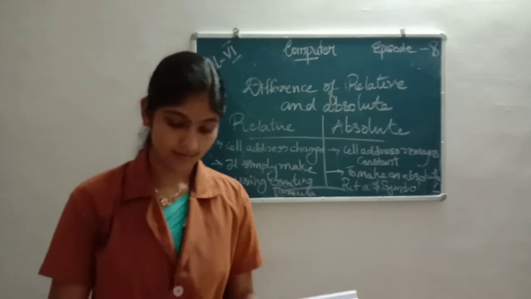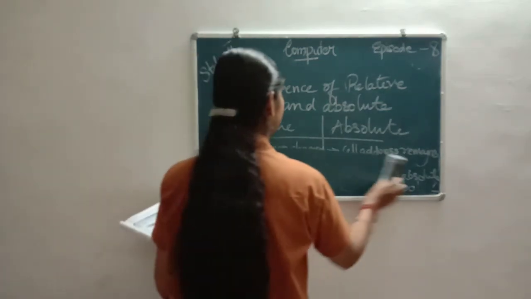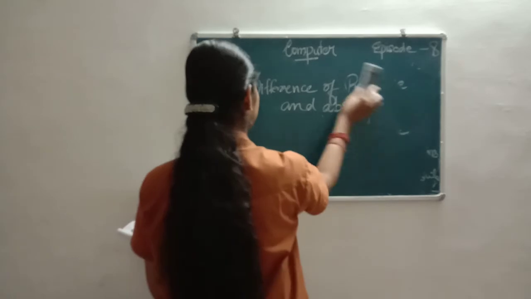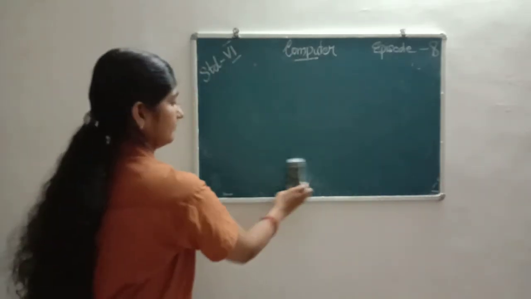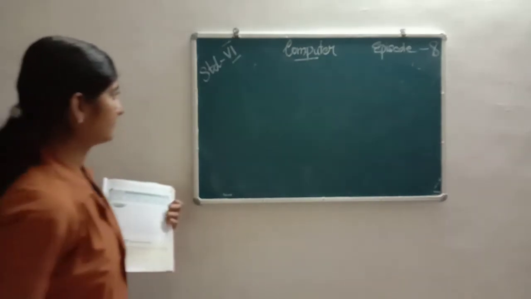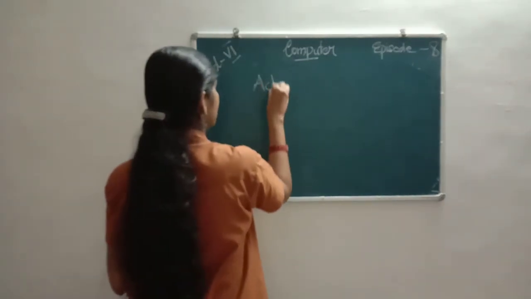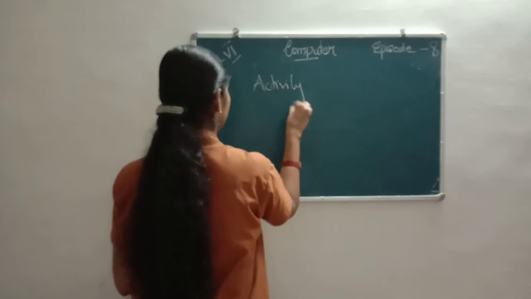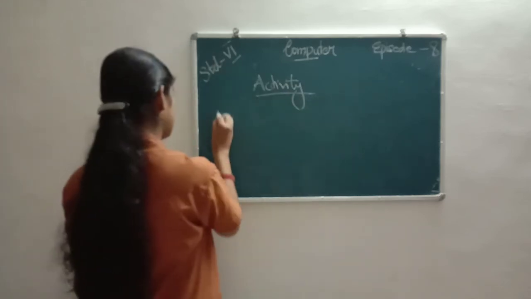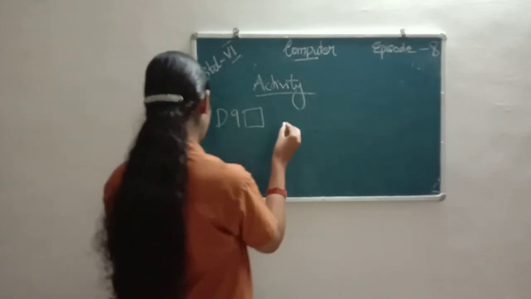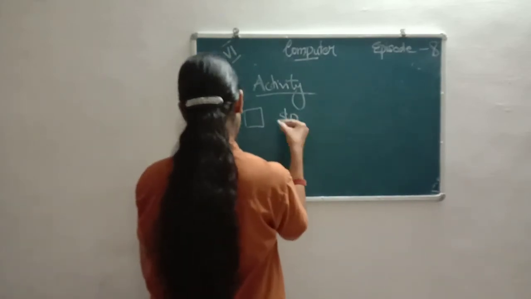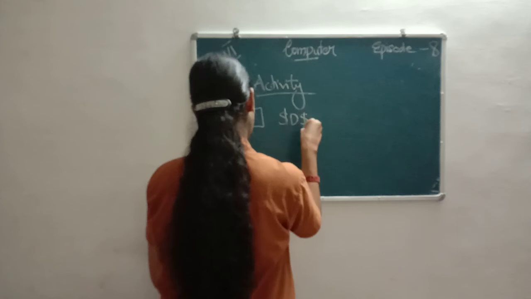The activity here: D9. Next, dollar symbol D, $8.